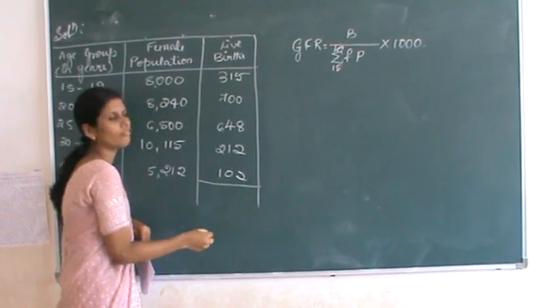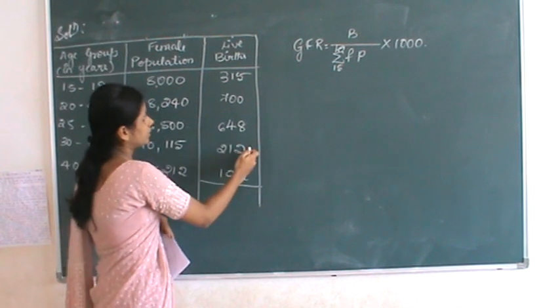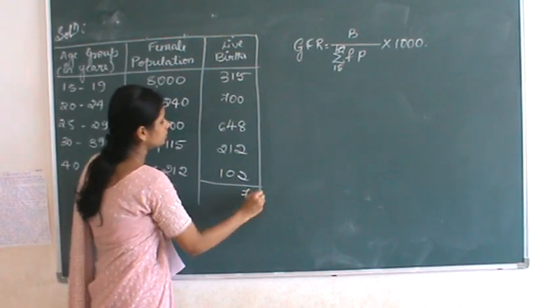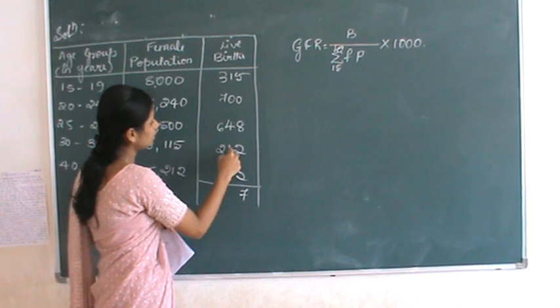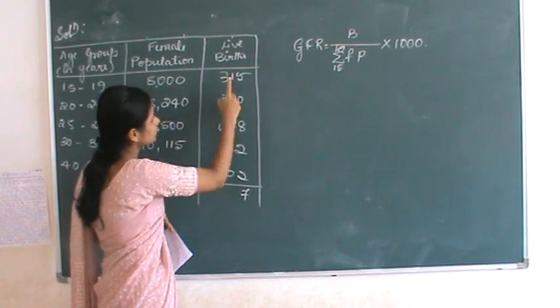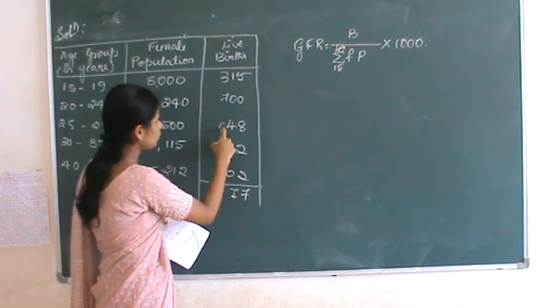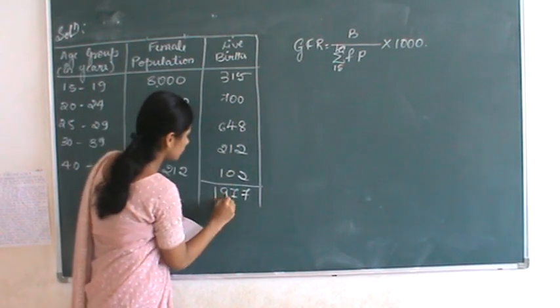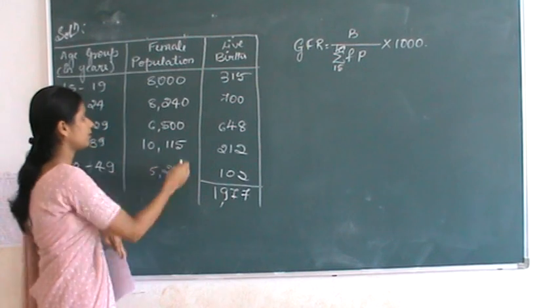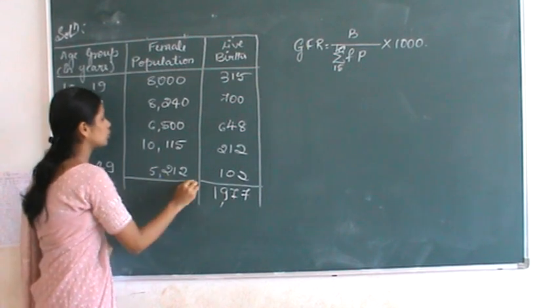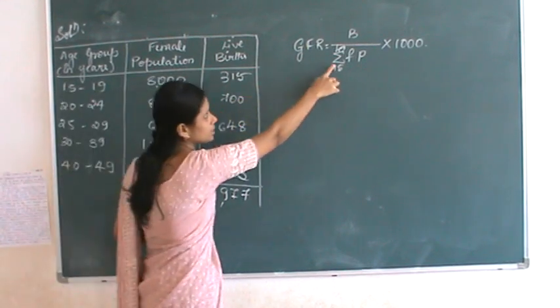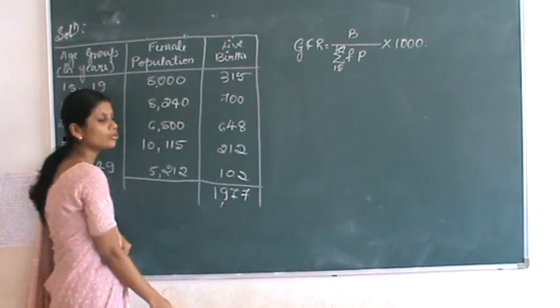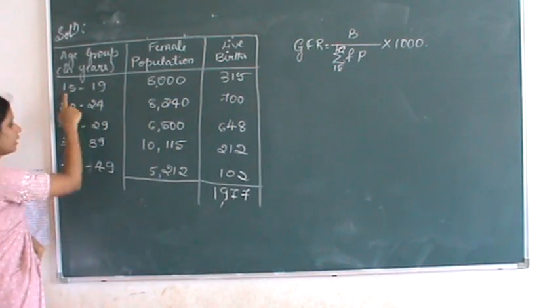So make the total of live births: 10, 7, that is 17, 4, 5, 6, 7, 2, 10, 16, 18, 19, 1977. Now we will make the total of female population, summation of female population of childbearing age, that is 15 to 49.